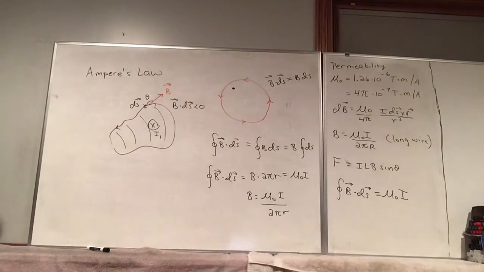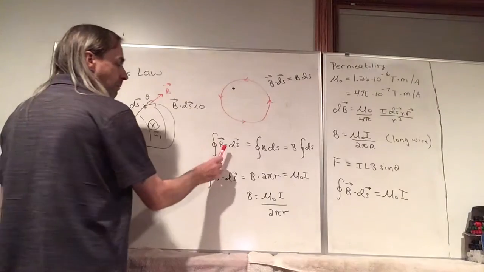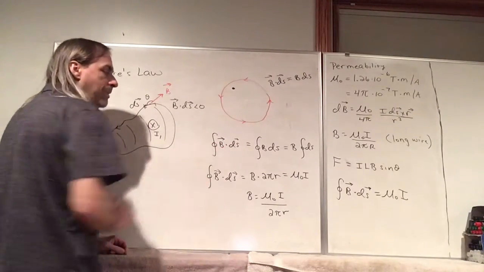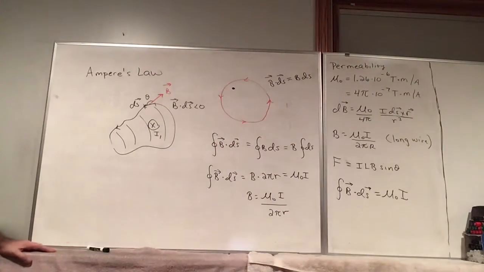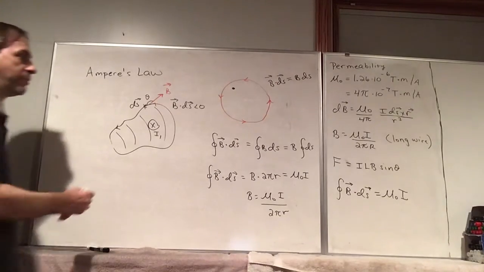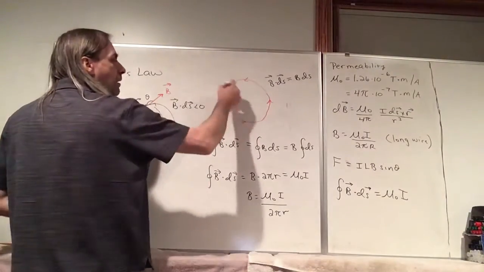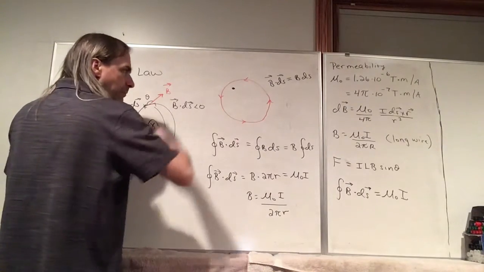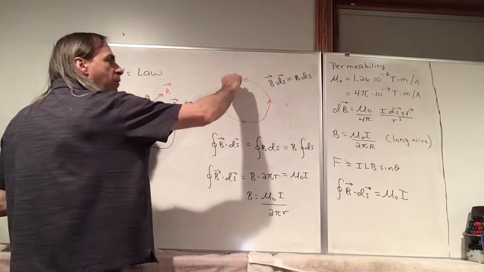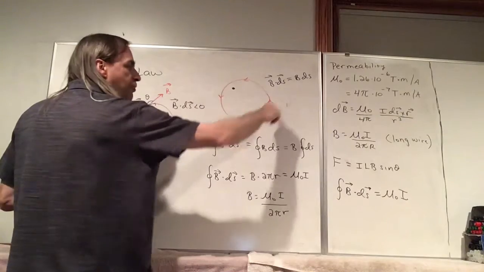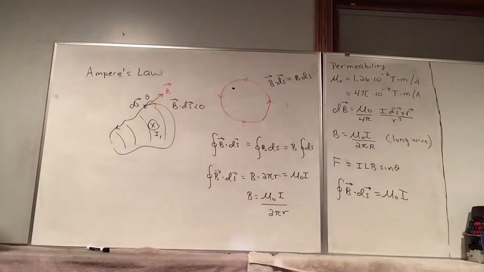That's going to be extremely difficult, because the dot product is not going to be parallel anymore. We can imagine the magnetic field lines around this wire will have different values and directions at different points along that curve.